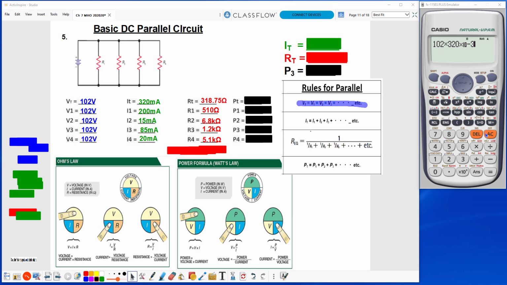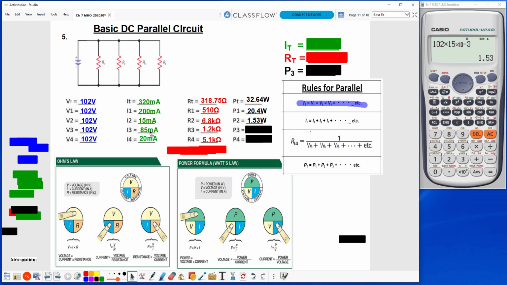I have my V, I have my I, so I have times equals 32.64. Okay, next up is P2, which is equal to I2 times V2. I've got the V2 in there, which is 102 volts times my 15 milliamps. It equals 1.53 watts.